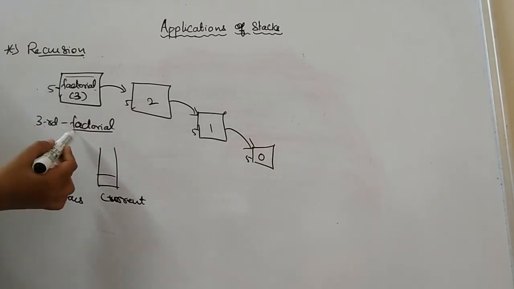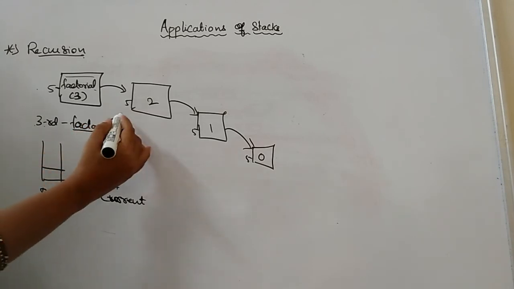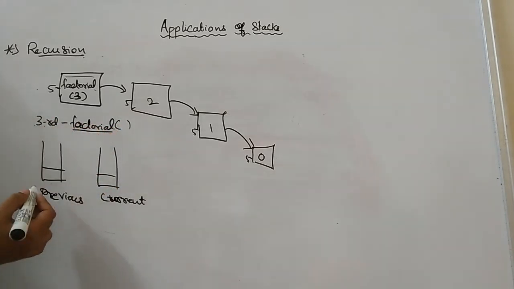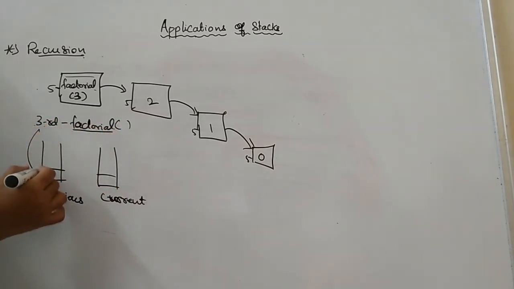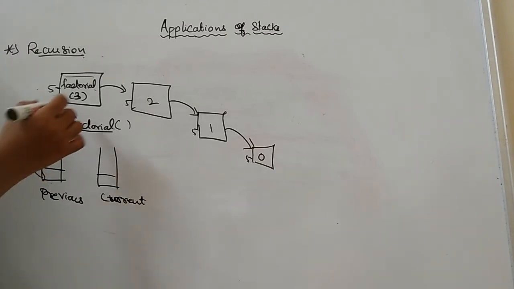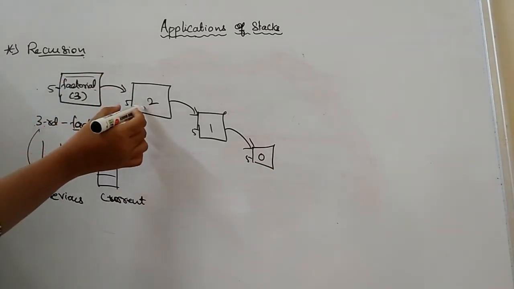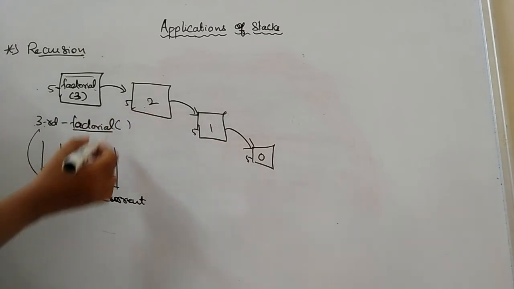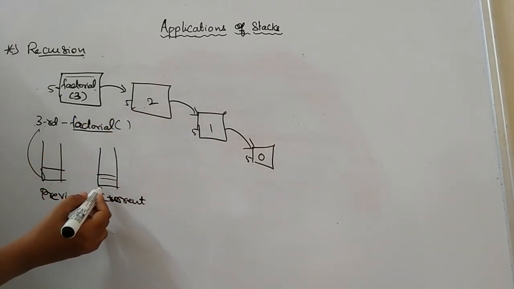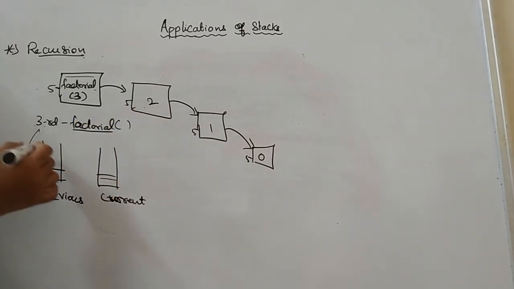For example, the third line where the factorial function is called, that location will get stored here. Then your program control is shifted to this factorial, and that location will also get stored here, or else you can store it in this same stack itself.